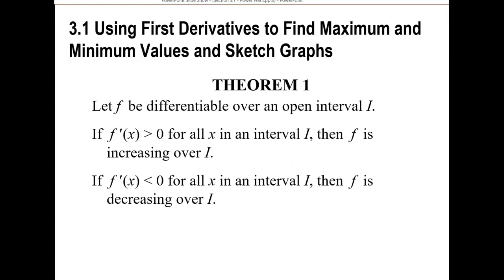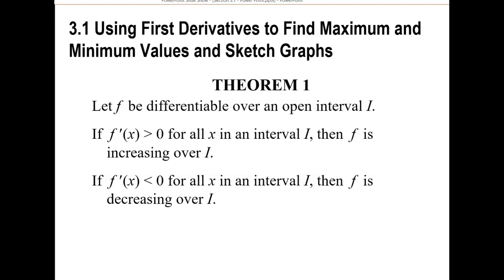All right, so Theorem 1 talks about what the derivative means in each of those cases. Let f be differentiable over some open interval I. If f prime of x is greater than 0, meaning that the first derivative is positive for all x in the interval, that would indicate that f, the function, is increasing.